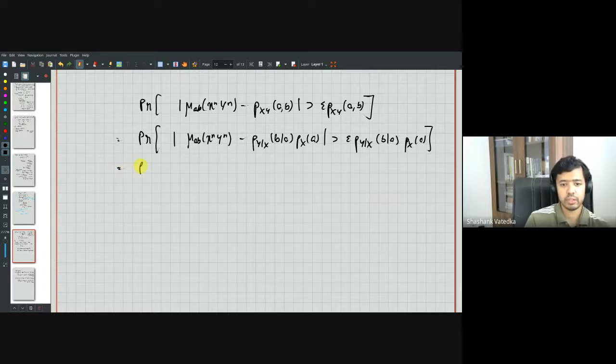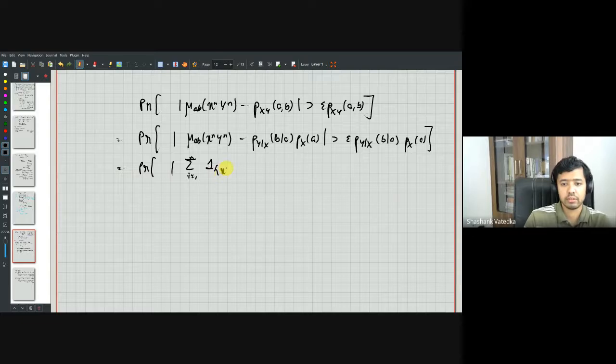So one way is to, so let's just look at what this is. We can write this as a summation i going from 1 through n. Again, we'll write this in terms of indicator functions.